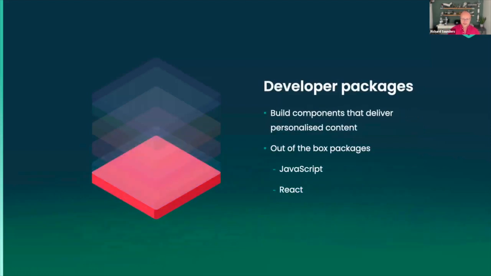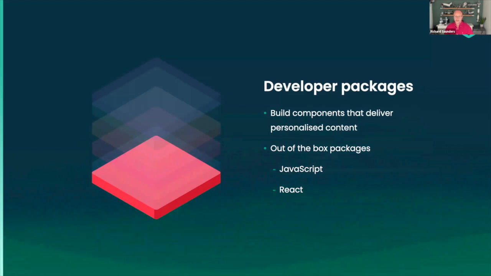Once the manifest file is published on the front end, it's combined with available developer packages that we've created in order for you to build components in your site that deliver that personalized content. So if it's a news or a blog or an events listing that updates promoted content based on the audience people are in, you'll need to update your listing code to look out for personalization.